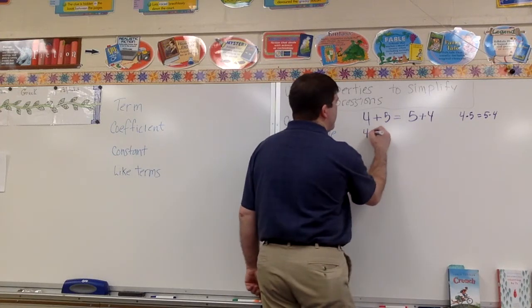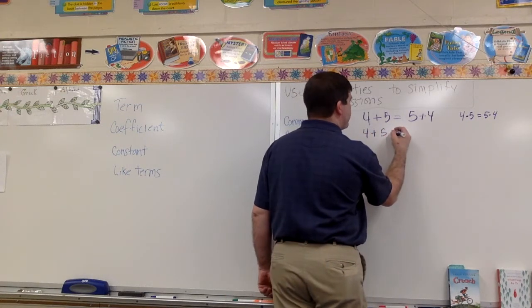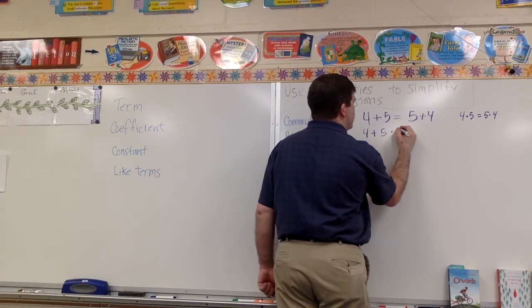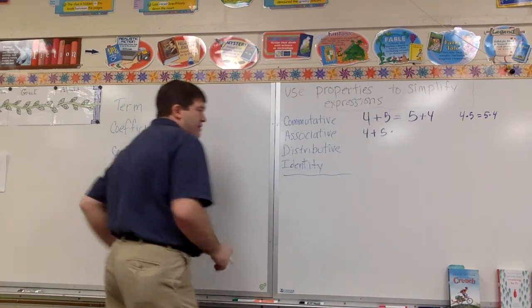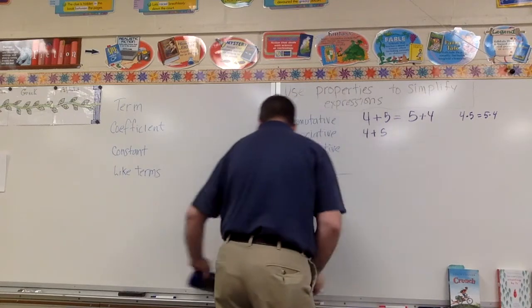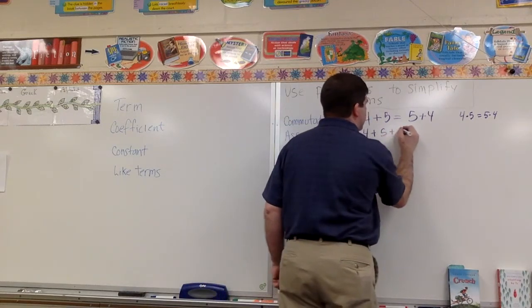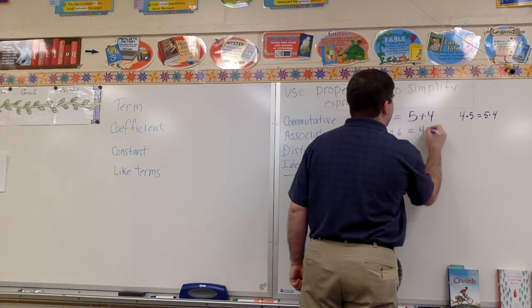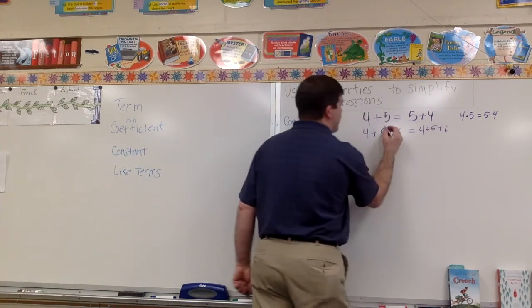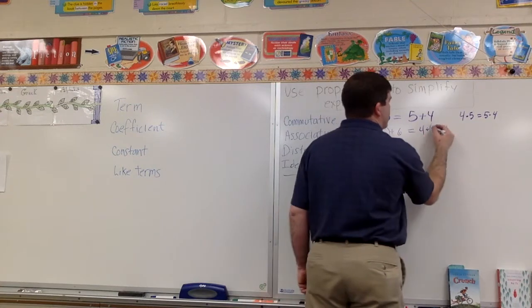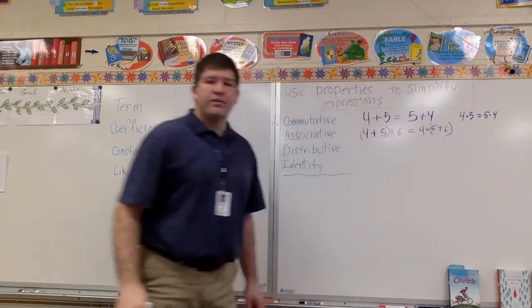Associative means that you can keep the order, but group things in a different way. So say I have 4 plus 5, plus 6 equals 4, plus 5 plus 6. If I do this first, it's going to be the same as if I do that first.